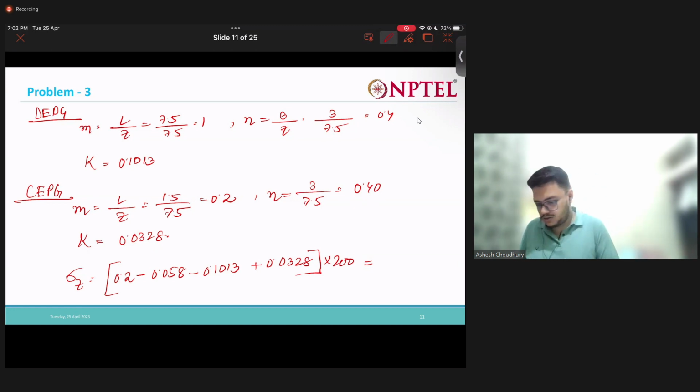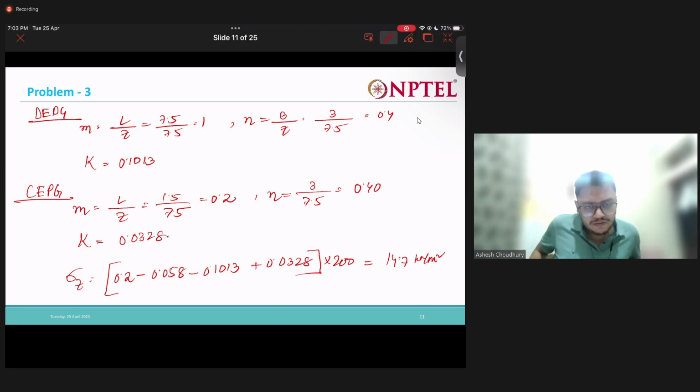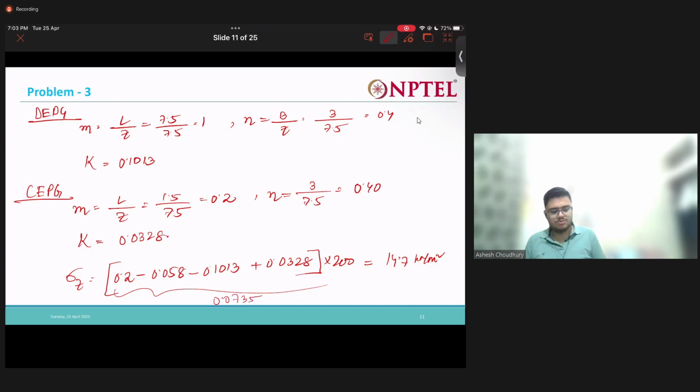It should come around 13, 14 like that only. 0.2 minus 0.058 minus 0.1013 plus 0.0328. Yeah, 0.0737. This is into 200.